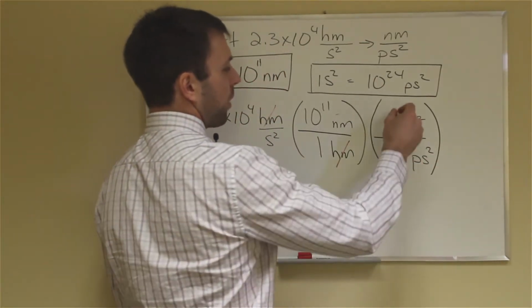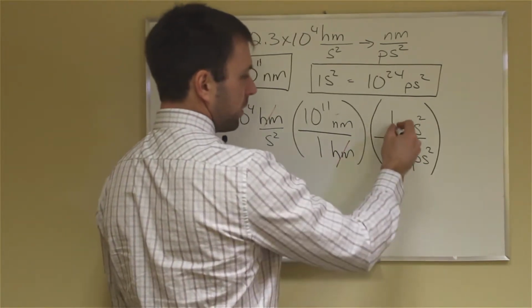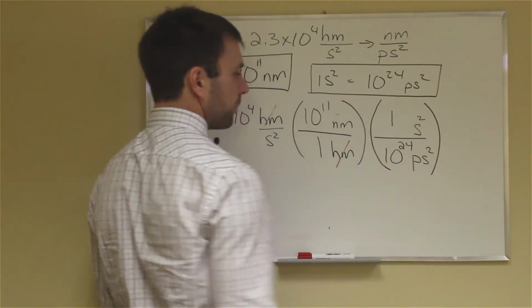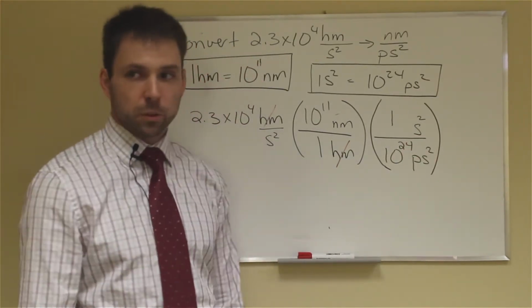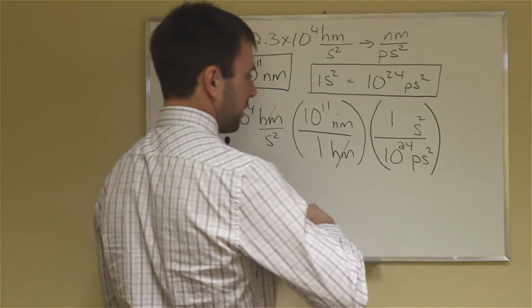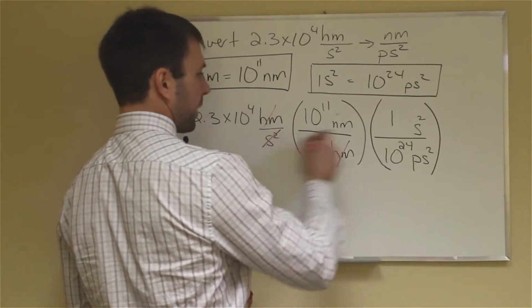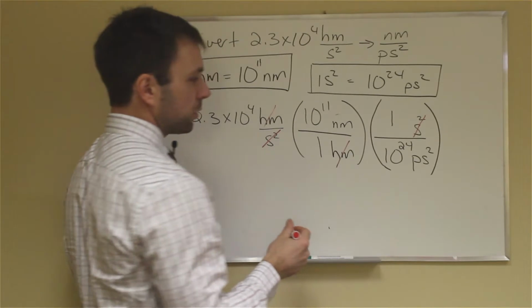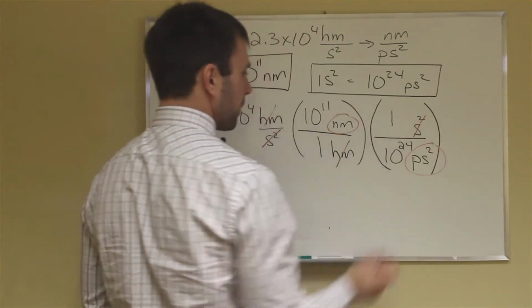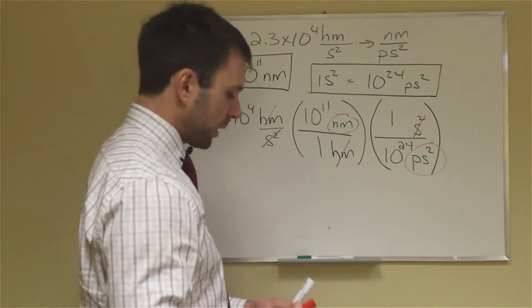And I said that 1 second squared is equal to 10 to the 24 picoseconds squared. And now my second squared will cancel out with my second squared. So when I'm done, I'm left with nanometers over picosecond squared.